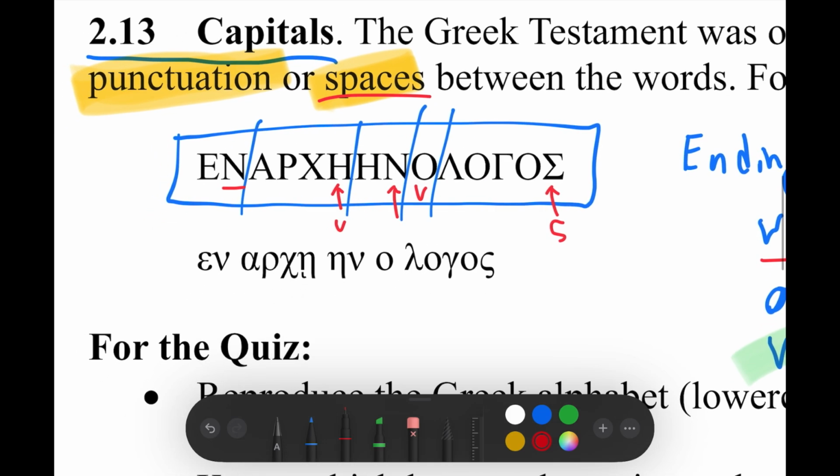So the way that this looks in our Bibles today, as we look at Greek translations, we're going to see the en archē ēn ho logos. So much more easy to process once there's some spacing in there and some punctuation, which we greatly appreciate.